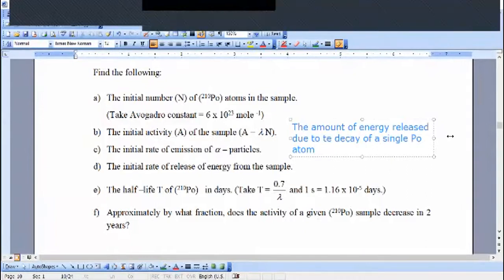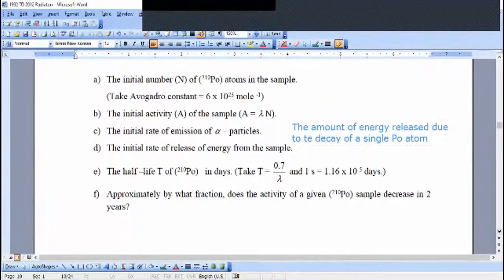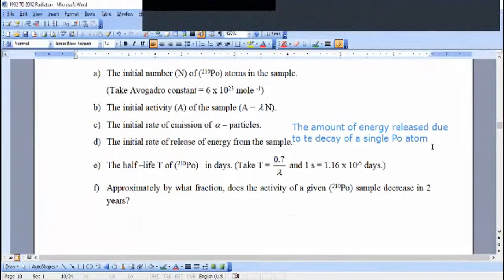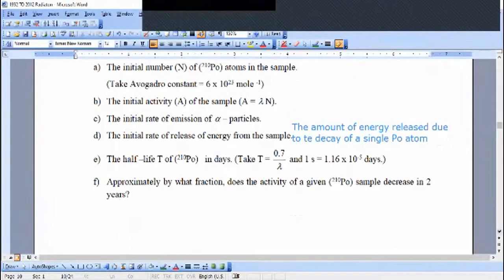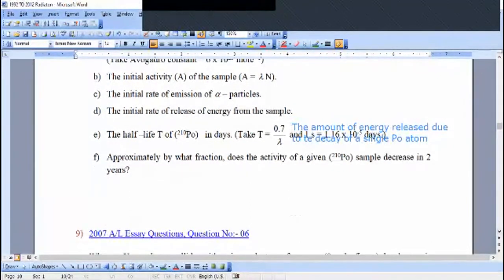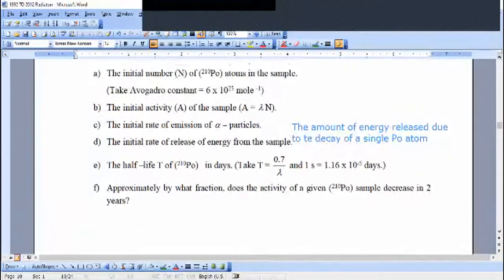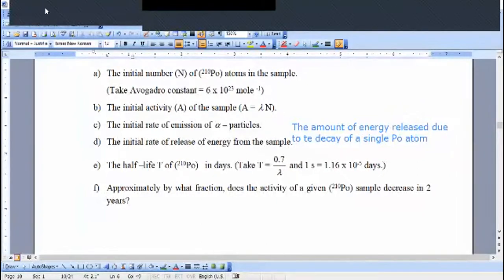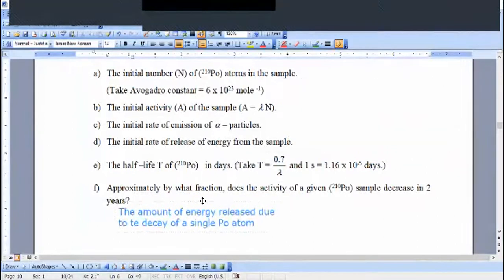We have found it here. 8.4 into 10 to the power minus 13. Yes, we have calculated it in the previous question. I think you have said it correctly. Other students also please check whether the value given by the student is correct.